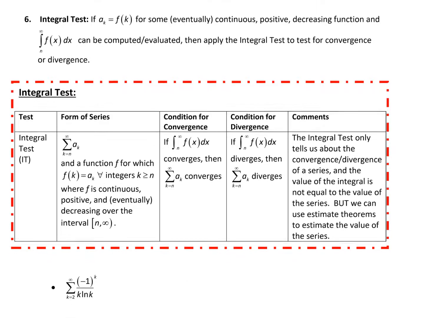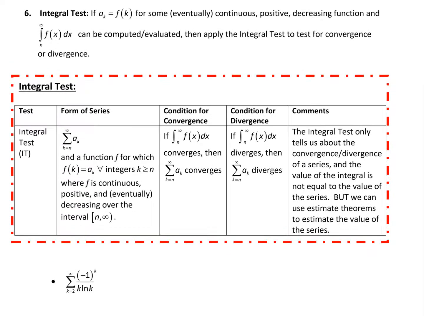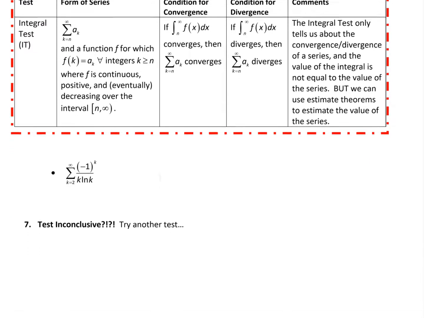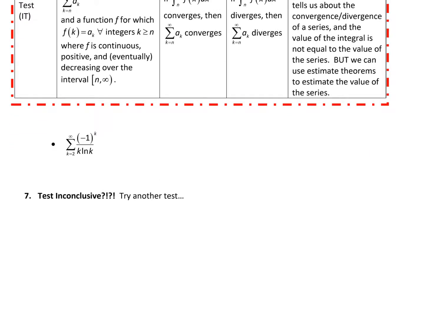It works nicely if we're looking at something like this. I grabbed the one that we had up above. This is nice for something like this because we can show on this particular one that the absolute value of a sub k is 1 over k ln of k, and we can use the function 1 over x ln of x.